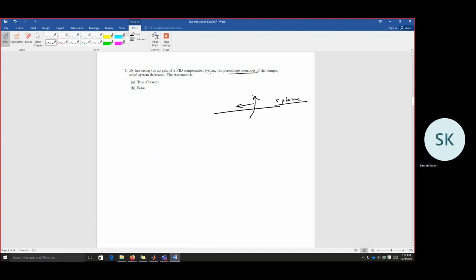In that case, it is introducing some kind of damping, because the more towards the left half S-plane, the more the damping. And if damping is higher, percent peak overshoot is less, because MP is inversely proportional to zeta. So this is correct.